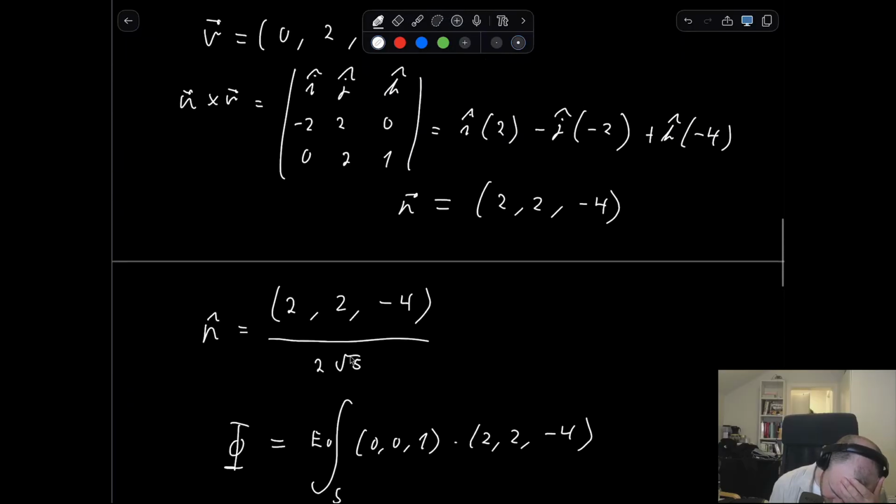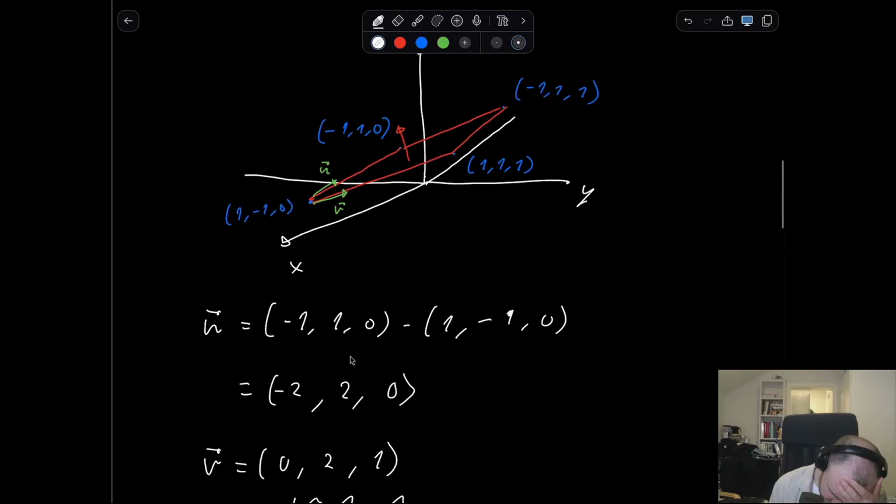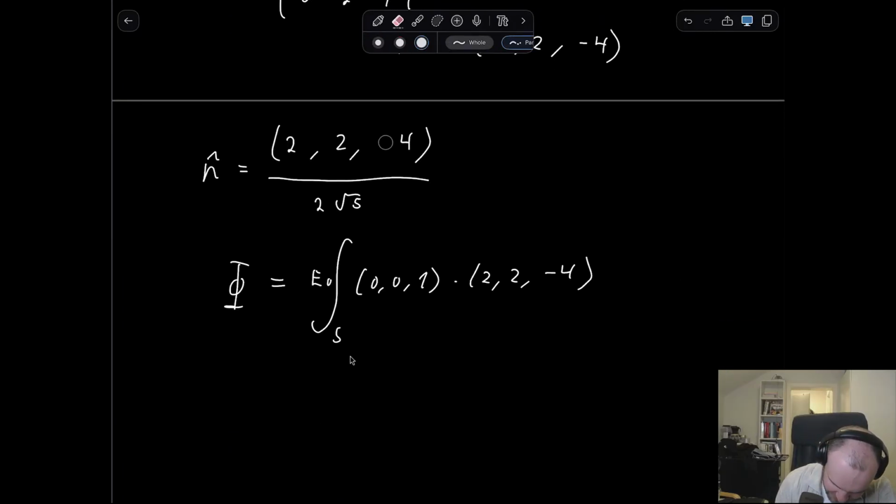I think my projection is wrong here. I took u cross v, it should be v cross u. So it's going to be the opposite, but that's all right. It should be 4. That's what we want. Where did the minus come from?